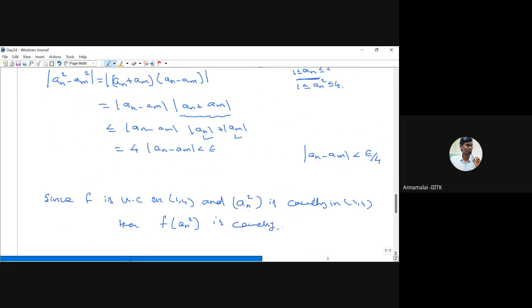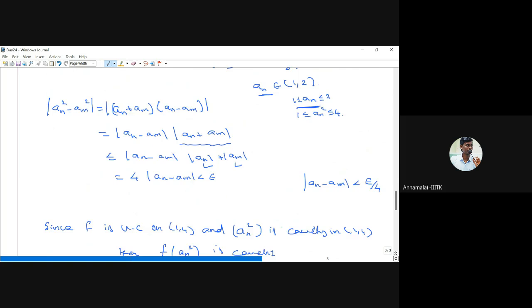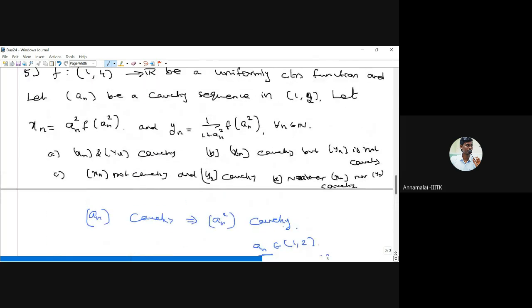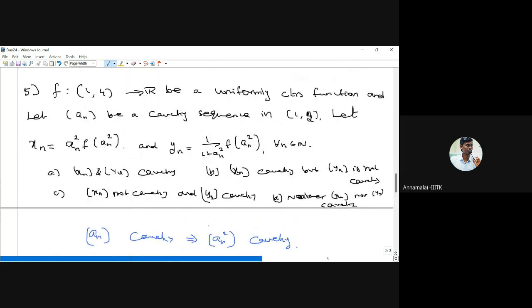Okay, so now look at the new sequence xn. We already know that an square is a Cauchy sequence, and f of an square is also a Cauchy sequence. Now we are in the real case. Any Cauchy sequence converges, not necessarily in this interval, but anyway converges in R. So every convergent sequence is a Cauchy sequence in R. So an square is a Cauchy sequence, and f of an square is also a Cauchy sequence.